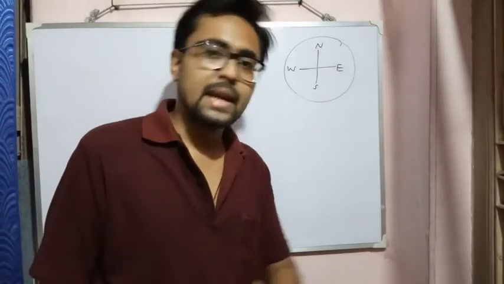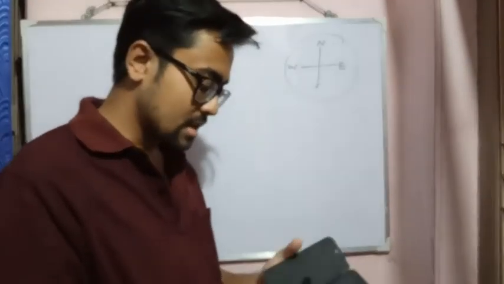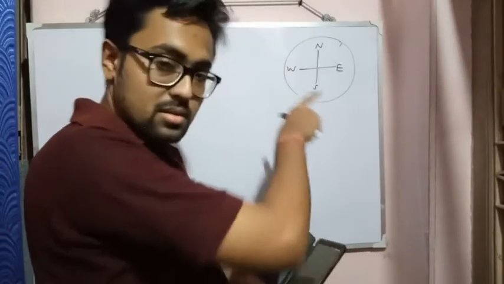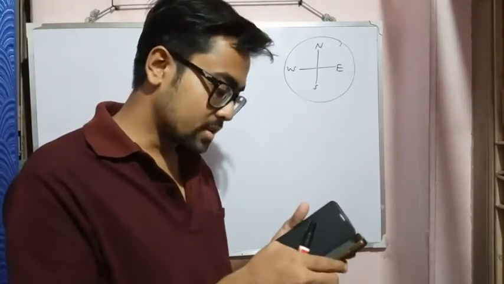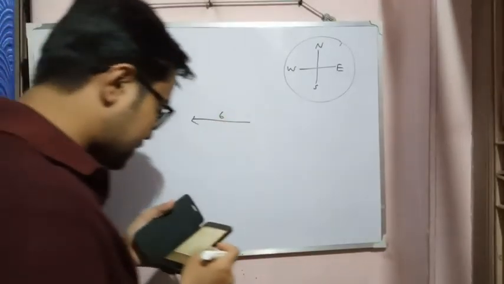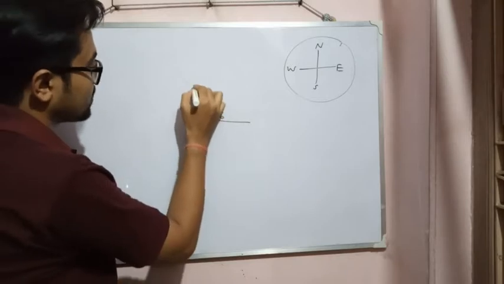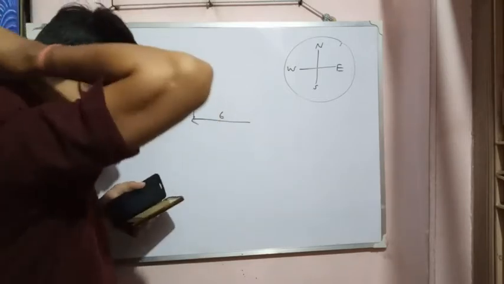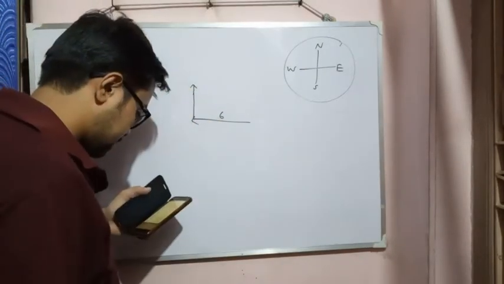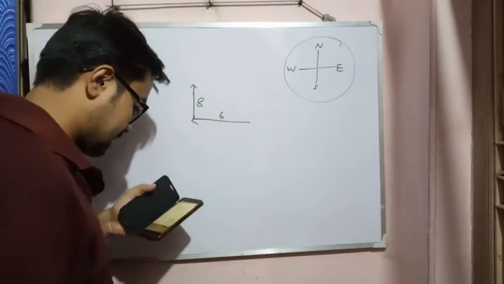So students, let us take another example. Question is, I will not write here, okay, please note it down. Dinesh walked 6 km in west direction. He turned to his right and walked 8 km.